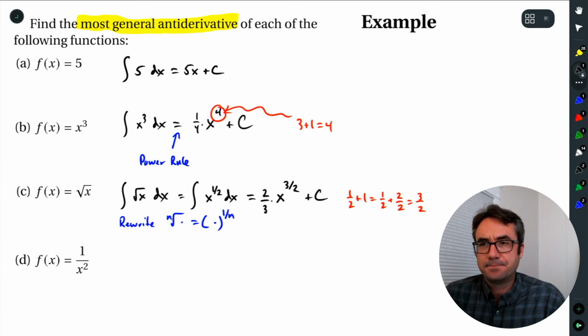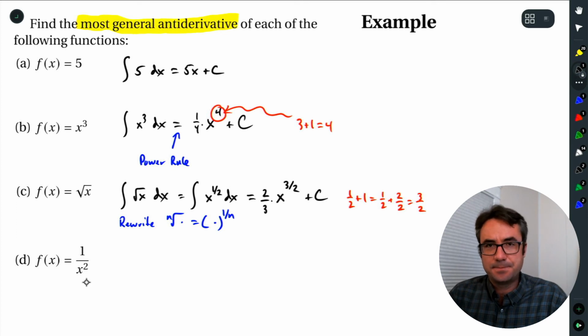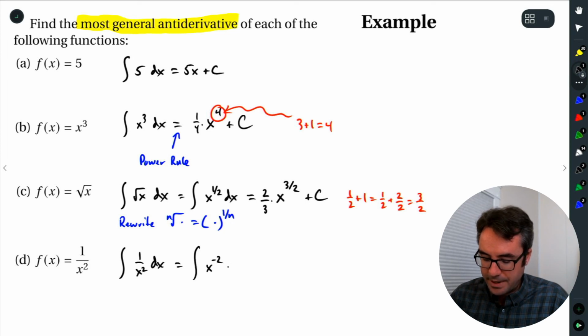All right. Last one, 1 over x squared. Same kind of thing. If we were to differentiate this, normally what we would do is rewrite this using negative exponents. And we're going to do the same thing here for finding the antiderivative. So we want to find the antiderivative of 1 over x squared, and we're going to write that with a negative exponent.